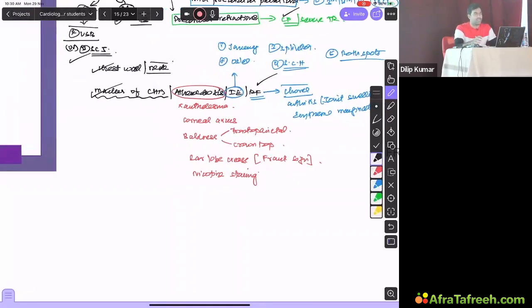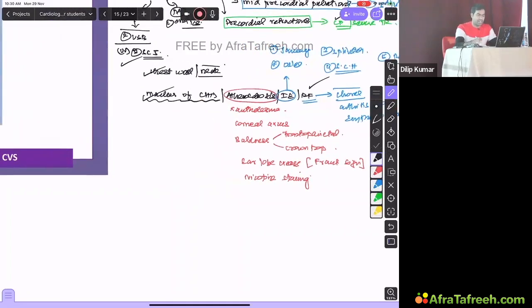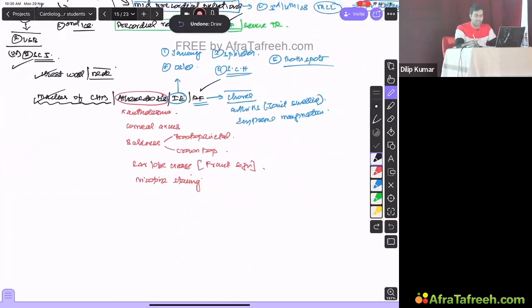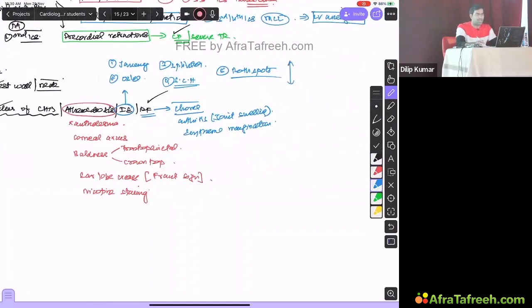So if any one of these is there, probably you can comment it as a marker of rheumatic fever. And one more important thing that you need to look for in any patient with cardiac disease is the track marks. Maybe these track marks I can write under infective endocarditis itself. What are track marks?